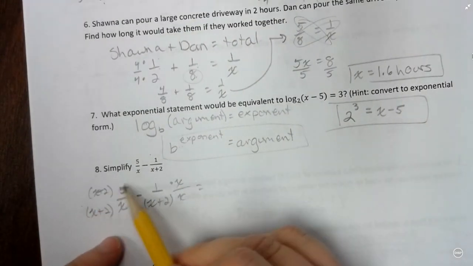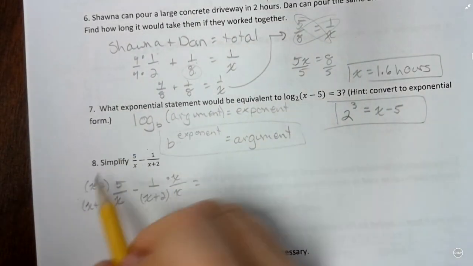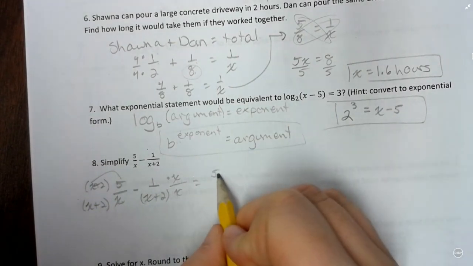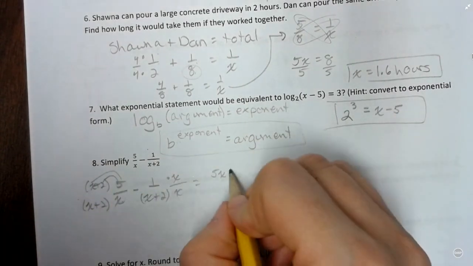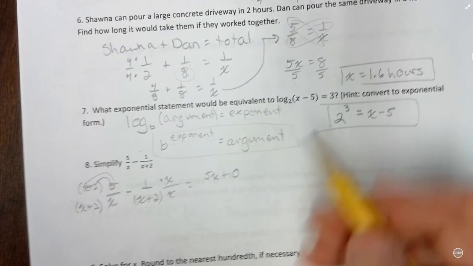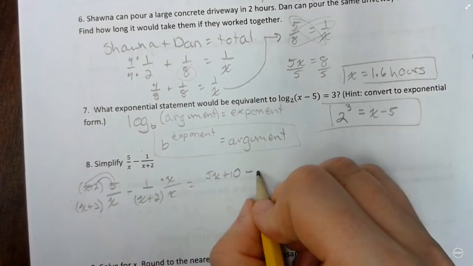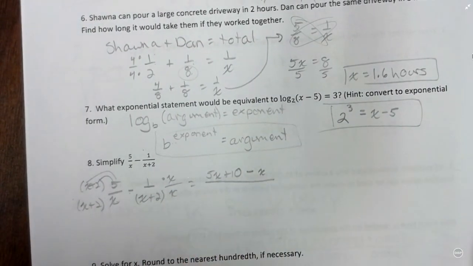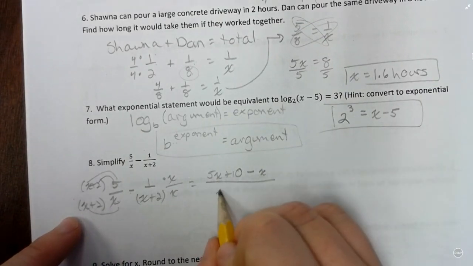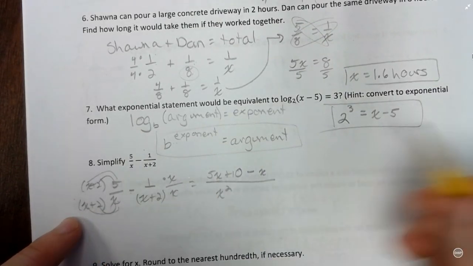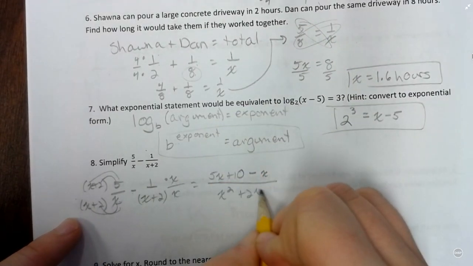So I'm going to go ahead and multiply actually before I combine. So 5 times x is 5x. 2 times 5 is 10. And then minus. And then 1 times x is just x. And then x times x is x squared. 2 times x is 2x.